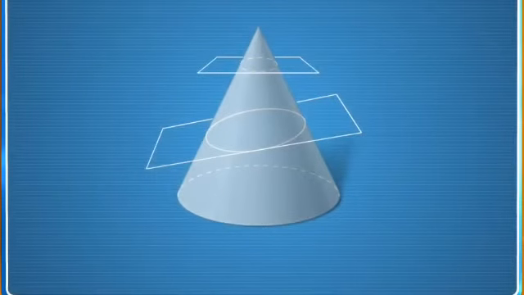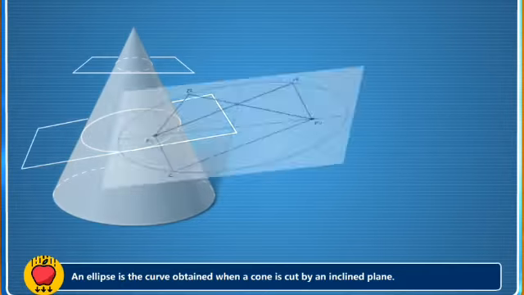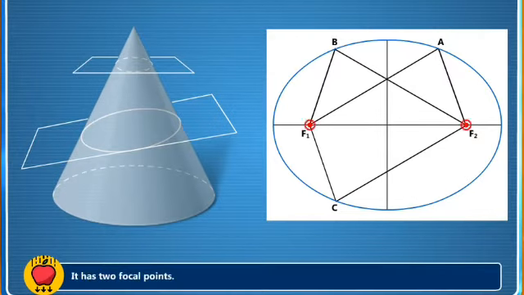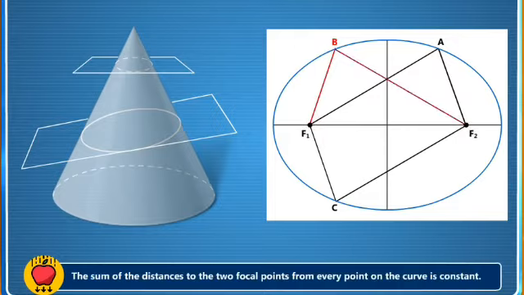Now see in this picture, an ellipse is the curve obtained when a cone is cut by an inclined plane. It has two focal points. The sum of the distances to the two focal points from every point on the curve is constant.